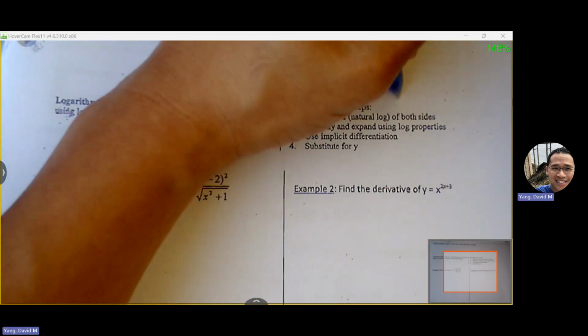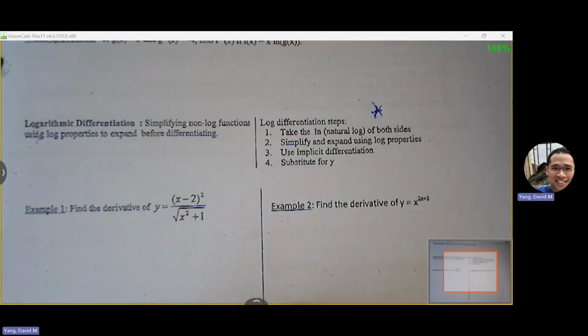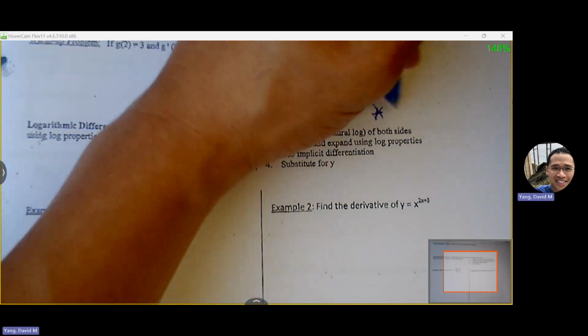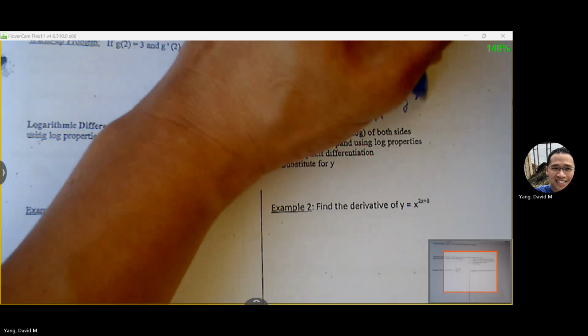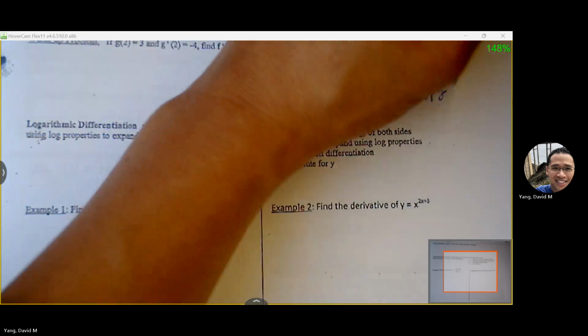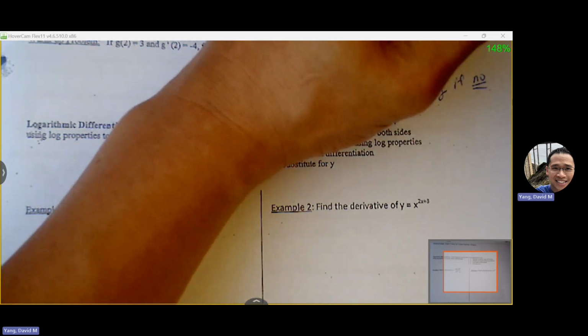I think I'm going to bring this point and remind us that we only use log differentiation if there are no logs anywhere to be found in the problem.